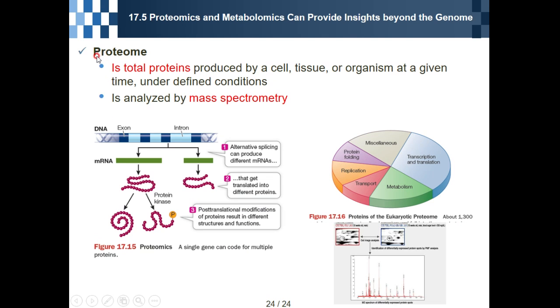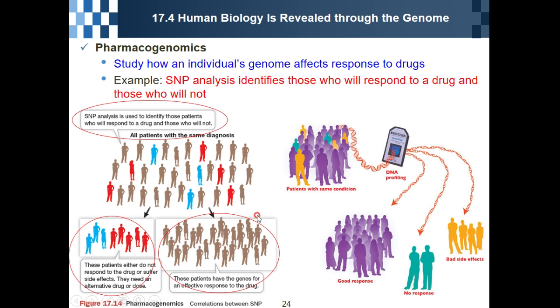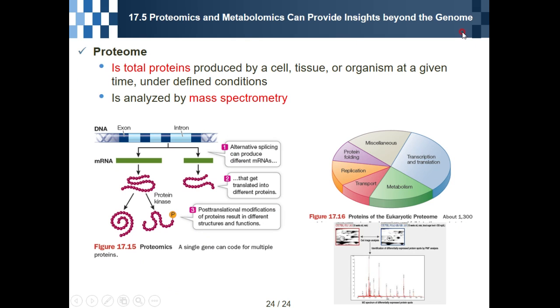But now it is the proteome. This is the genome, but the genome is translated to make proteins. The proteome is the total proteins produced by a cell, tissue, or organism at a given time or under defined conditions.